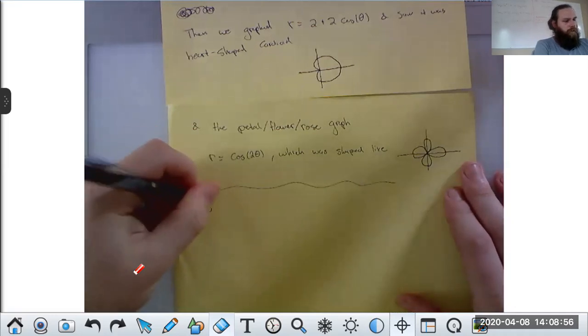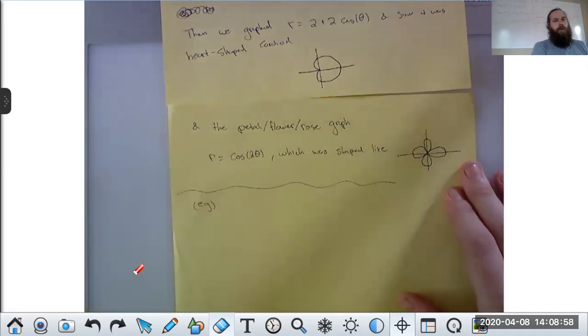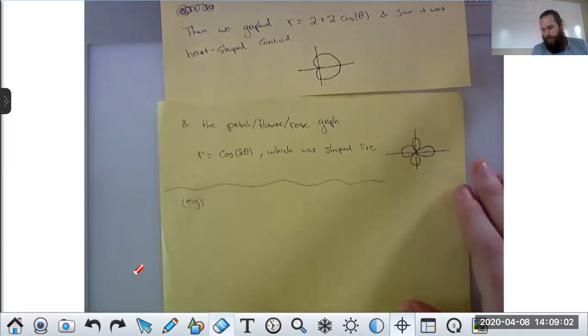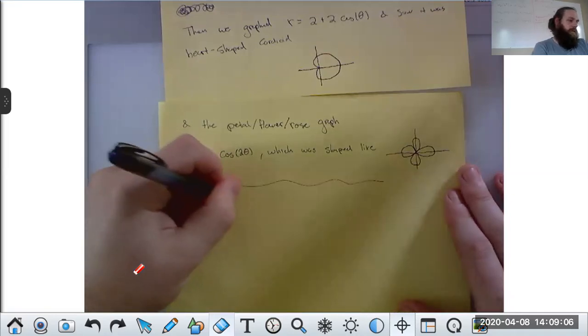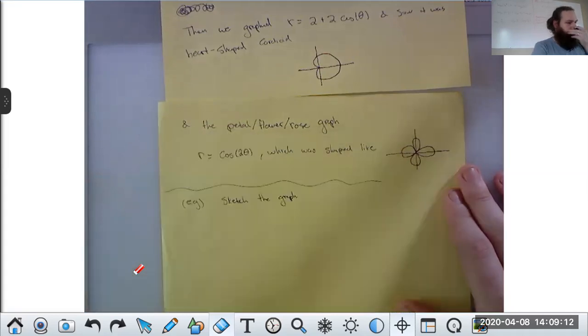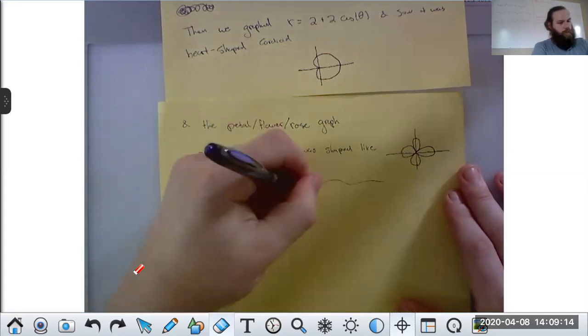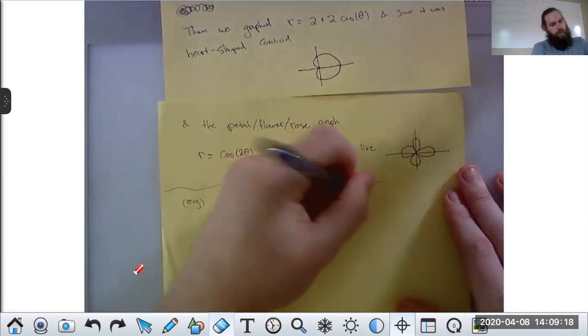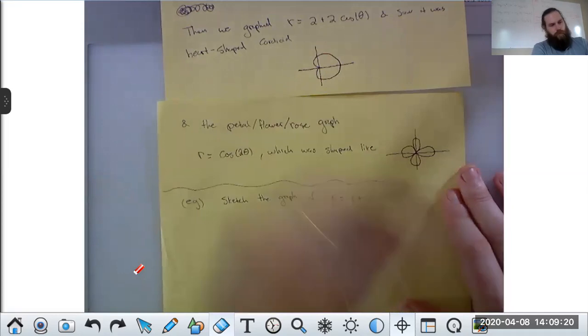So for our next little example, as we learn how to sketch in polar coordinates, I think it would be wise to look at something like r equals 1 plus 2 cos theta.